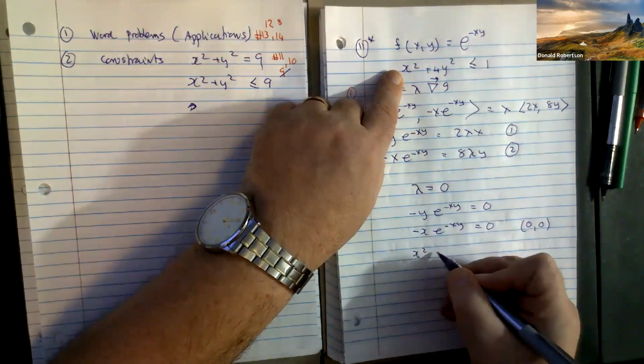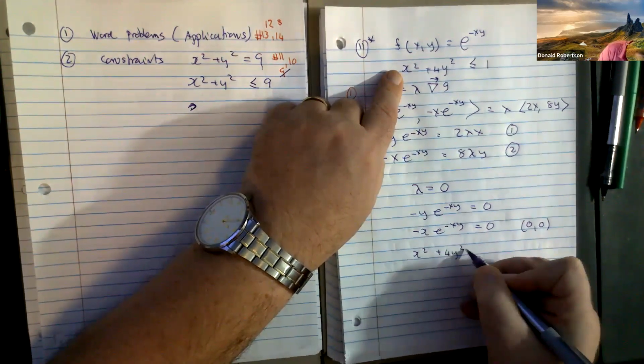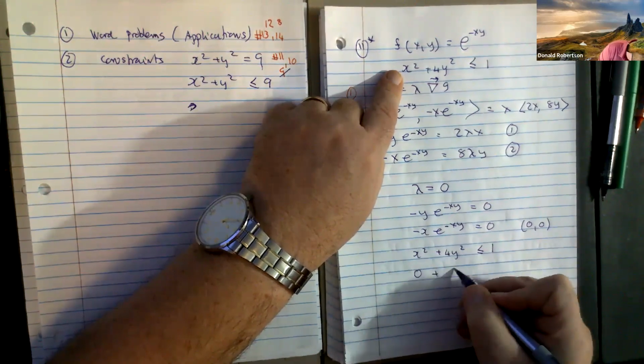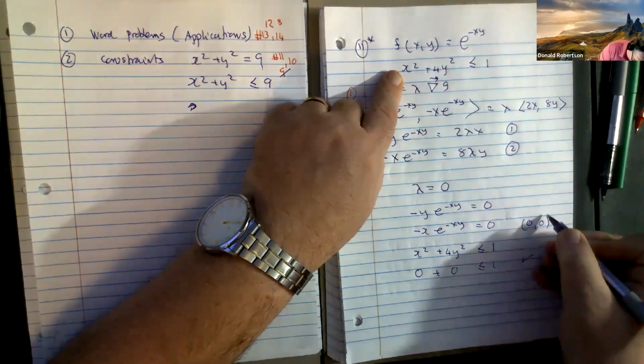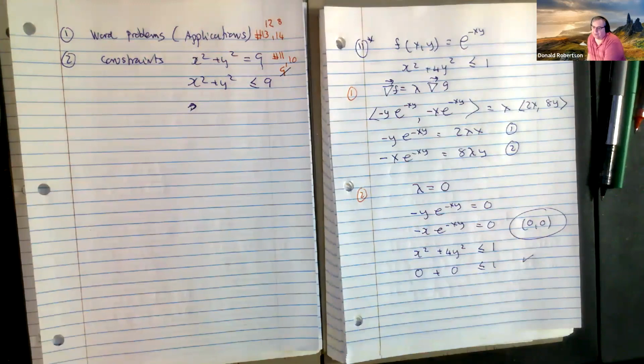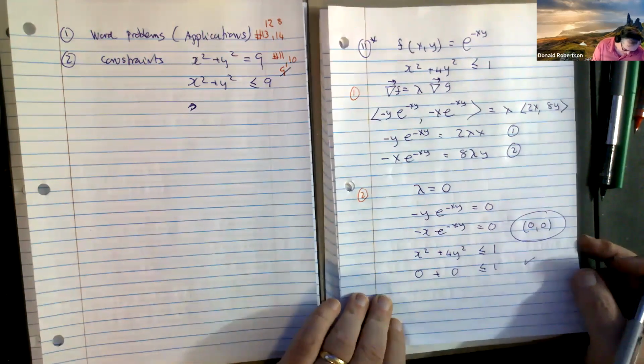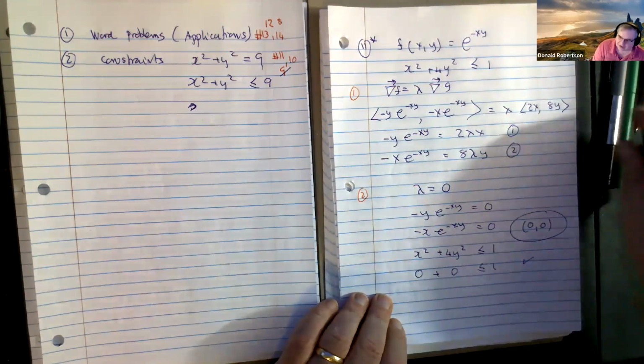The constraint is that x squared plus 4y squared has to be less than or equal to 1. Well, 0 squared plus 4 times 0 squared, yep, you are a usable answer. 0, 0 might be the place where the absolute max or min lives. We got one check. Actually, this one is turning out to be a lot cleaner than I thought it was going to be.